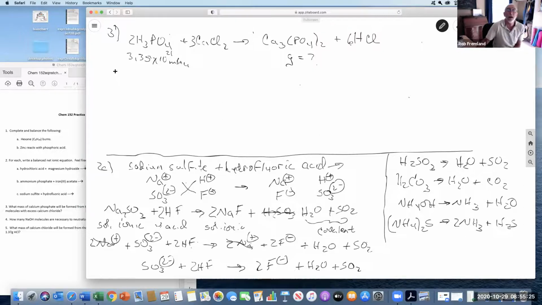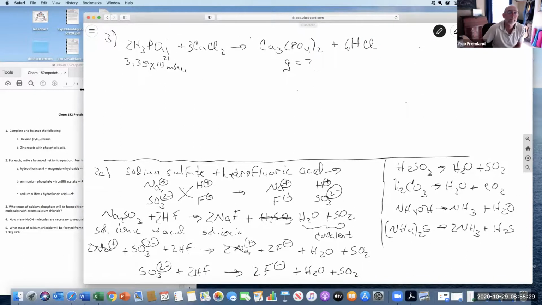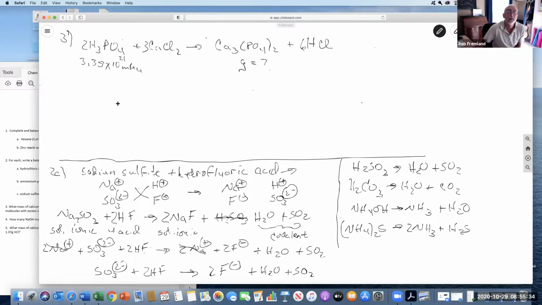Doing that really helps to set it up. All right. So we always want to go towards the question mark here, so to speak. So we know the answer is going to be in grams of calcium phosphate.